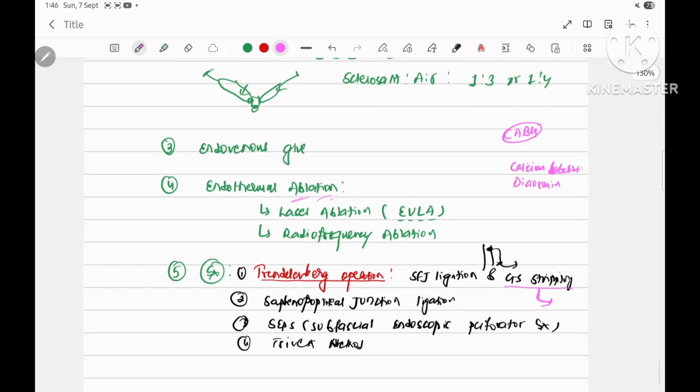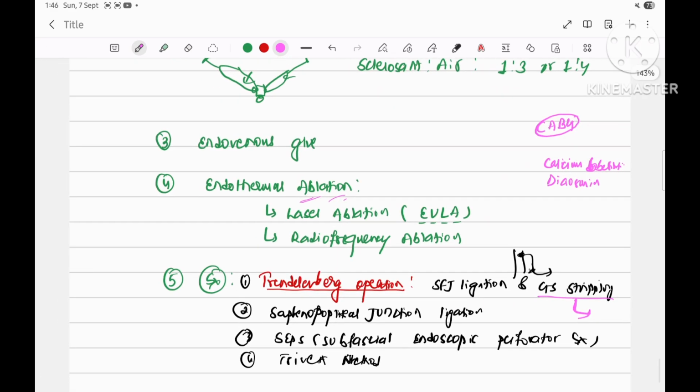The patient prefers to do endothermal ablation or the Trendelenburg operation. But endothermal ablation is preferred more, because it preserves the sural nerve, which we remove during the Trendelenburg operation. So radiofrequency ablation or EVLA is preferred for the treatment of varicose veins.